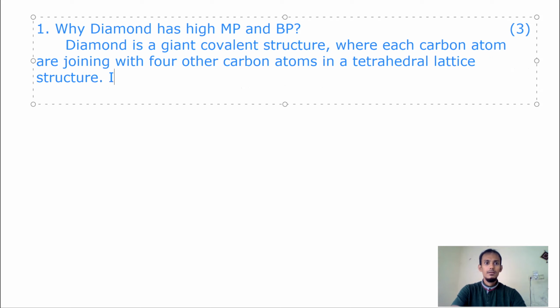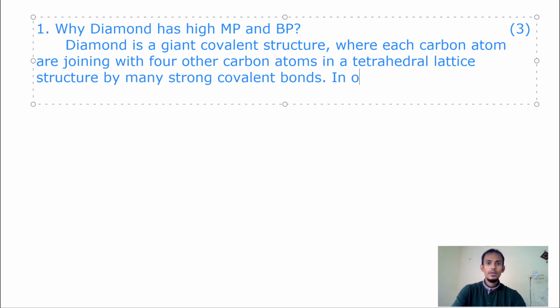In the lattice structure, I can extend it a bit, by many strong covalent bonds. Many strong covalent bonds are present in this lattice, right?